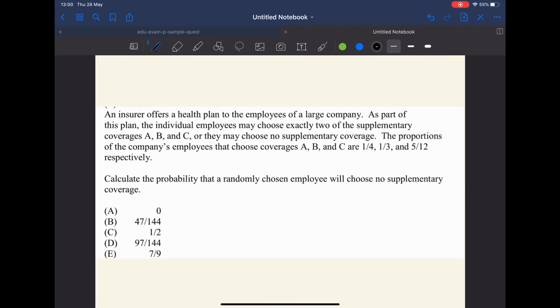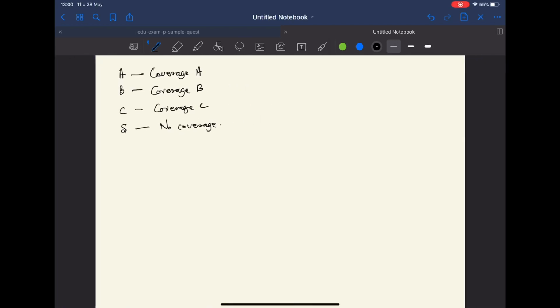Now, our problem is telling us that the proportion of employees choosing coverage A is 1 over 4. Thinking of this, no employee is going to choose just one coverage. They are going to choose exactly two coverages. So if the probability that he chose A is 1 over 4, it indicates that he either chooses A and B, or chooses A and C only.